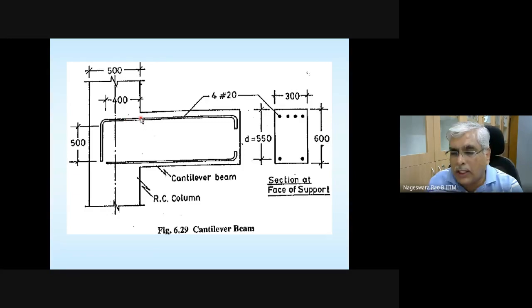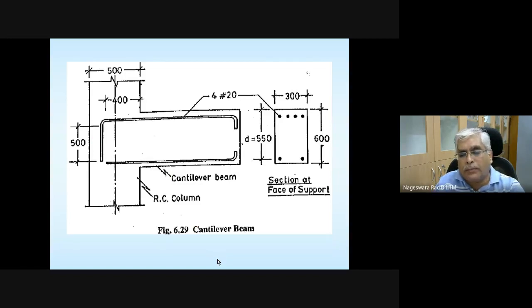Either you use a 90 degrees bend, whatever you studied in the last class, or a 180 degrees U-type hook you need to provide. Here it is illustrated in this example how to design this 90 degrees bend.